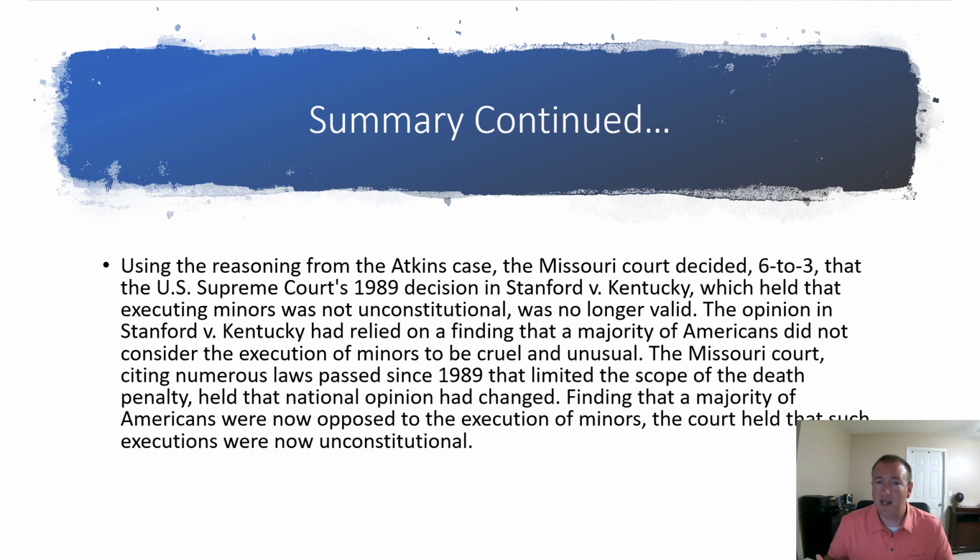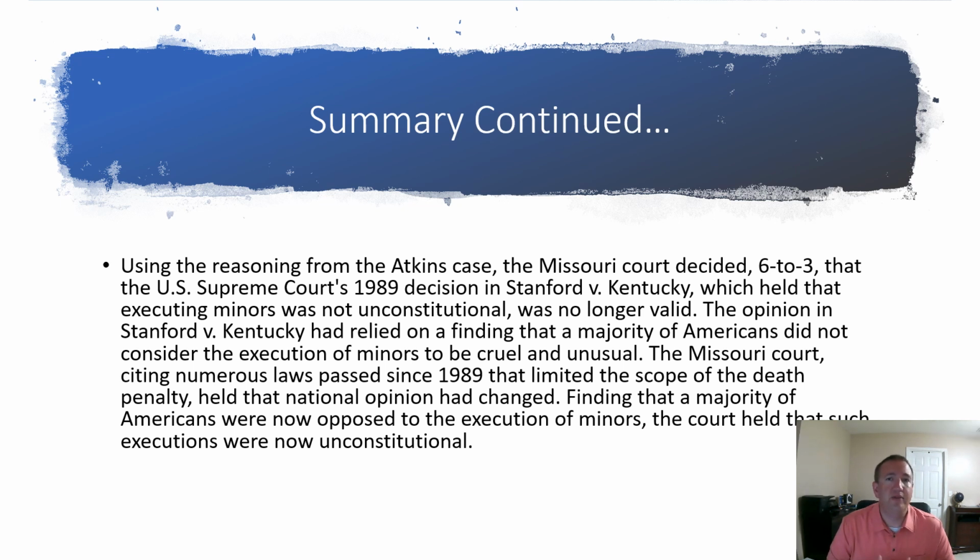This was in 1989. Now the Missouri court cited numerous laws passed since 1989 that limited the use of the death penalty, and held that the national opinion had changed on the matter. So, finding that the majority of Americans were now opposed to executing minors, the court held that such executions were now unconstitutional.